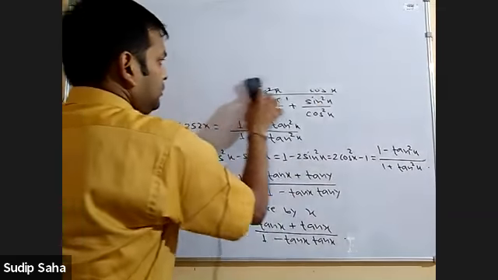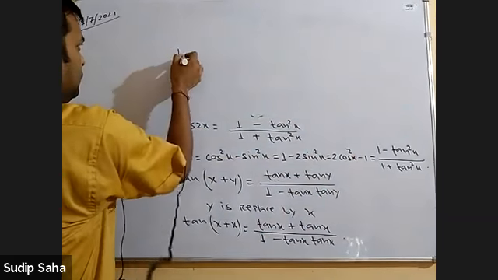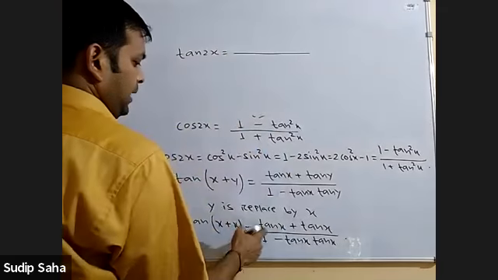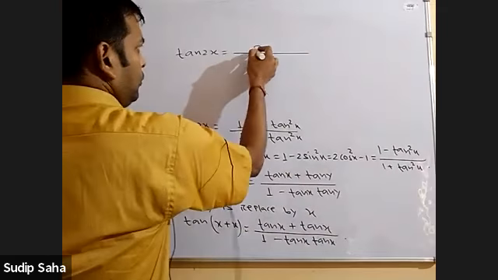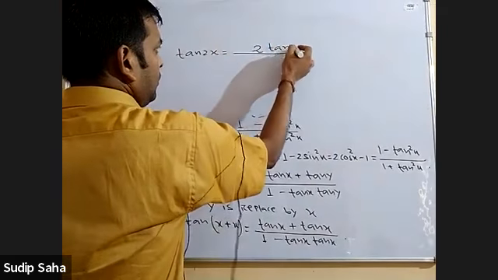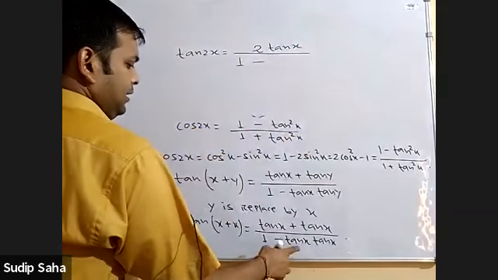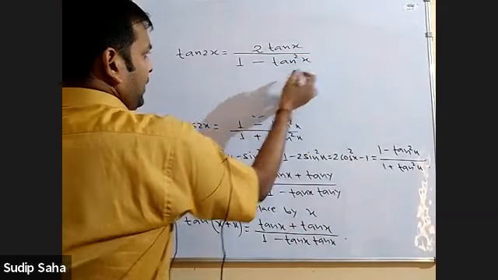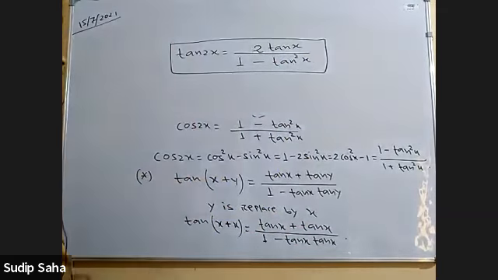So we got tan 2x equal to tan x plus tan x. What will that be? 2 tan x. Good. Divided by 1 minus tan x into tan x, tan square x. So this is tan 2x.